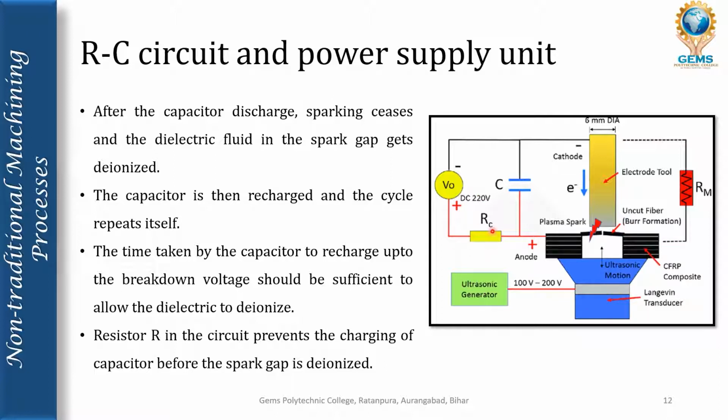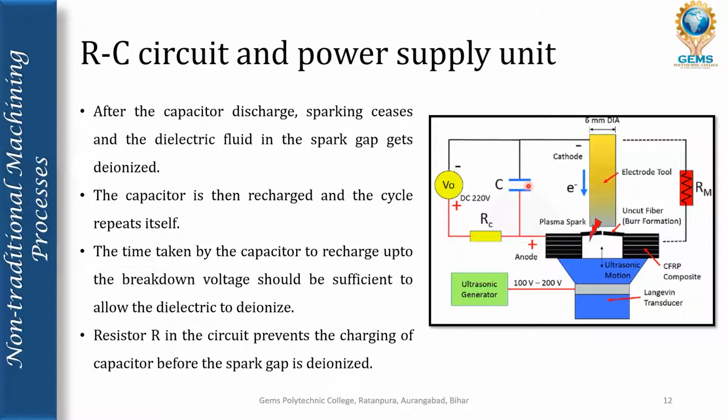Now, resistance R in the circuit. In the circuit we are providing one resistance in series. This prevents the charging of the capacitor before the spark gap is deionized.